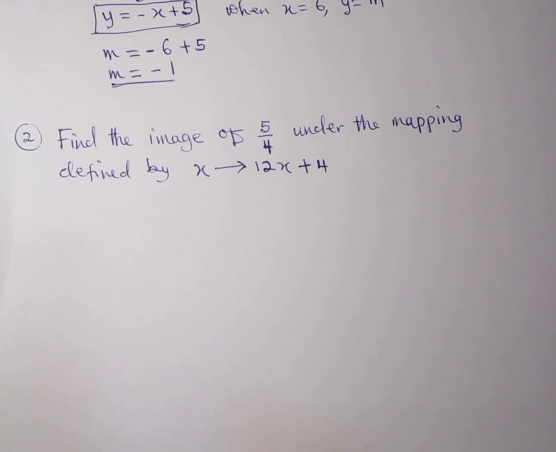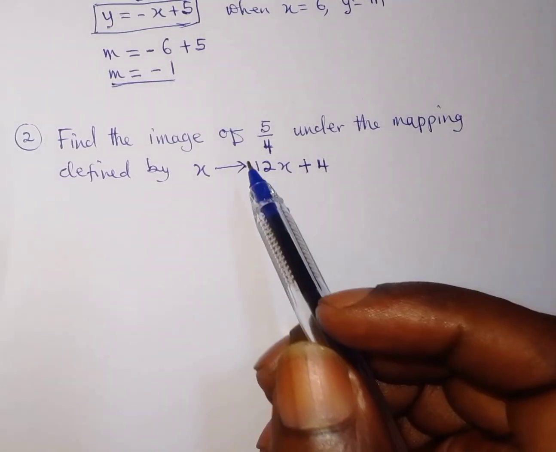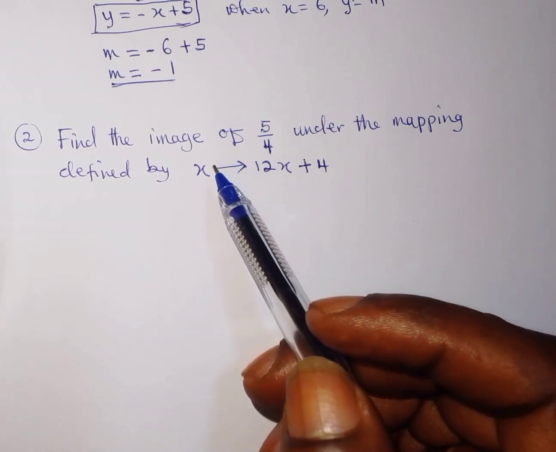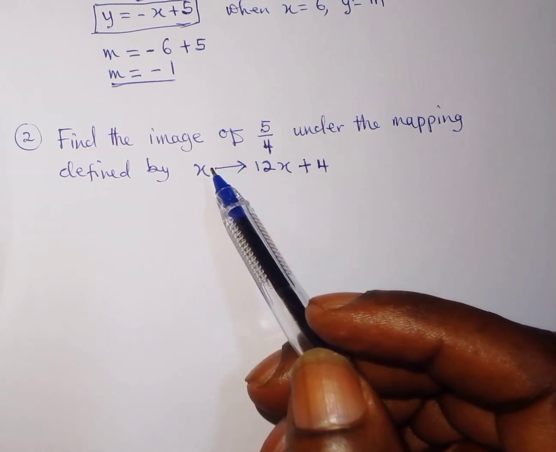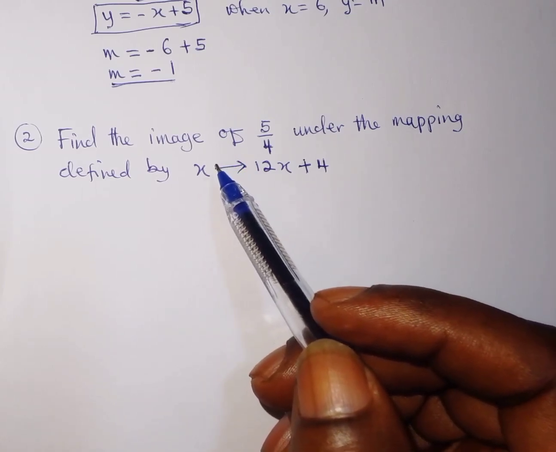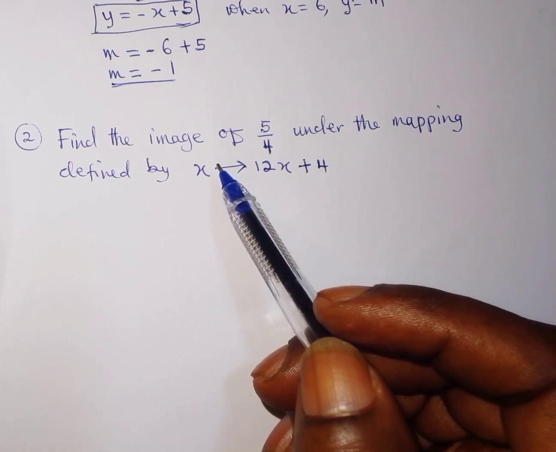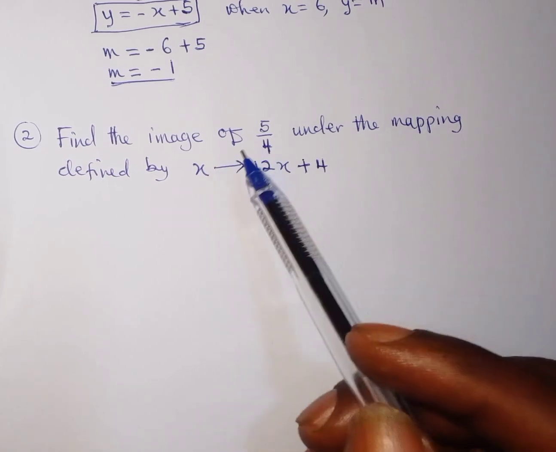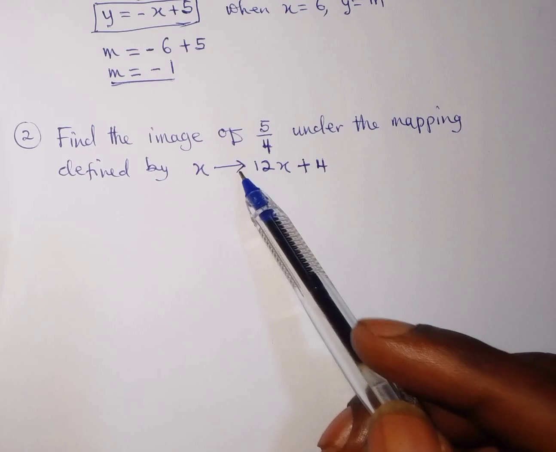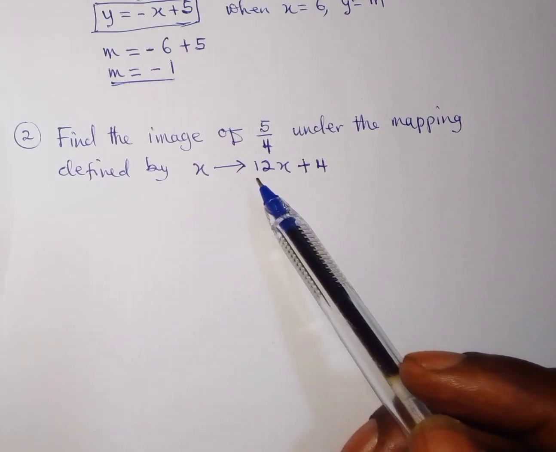Okay, let's look at the second example. We have to find the image of 5 on 4 under the mapping defined by x maps onto 12x plus 4.